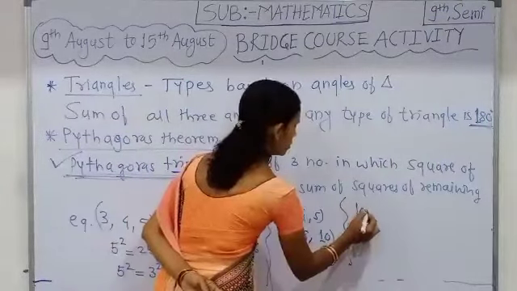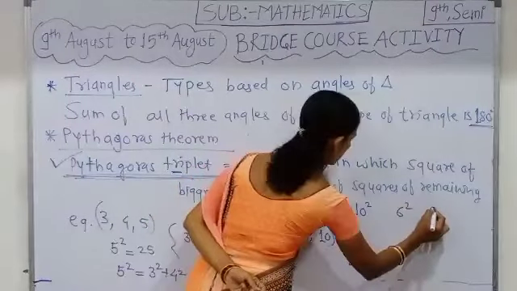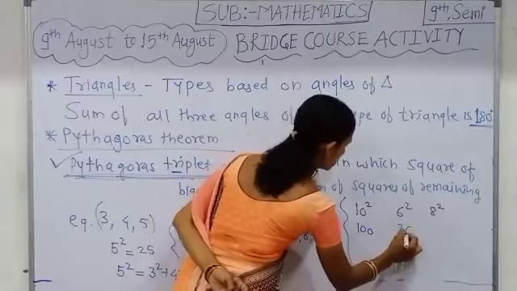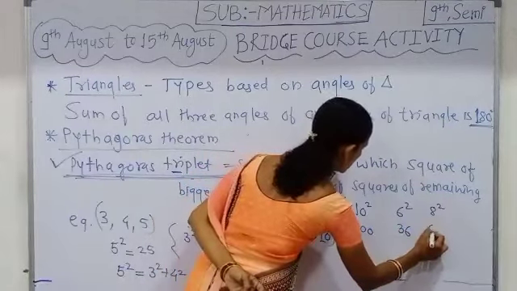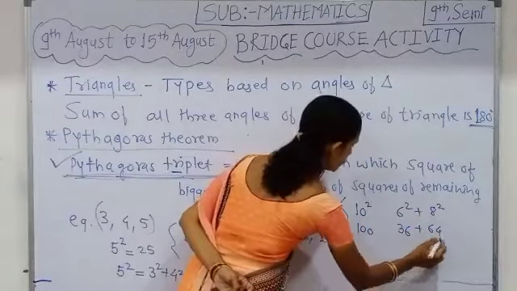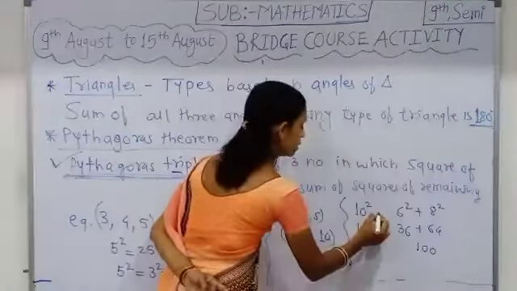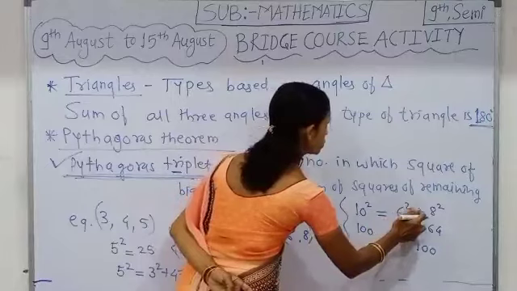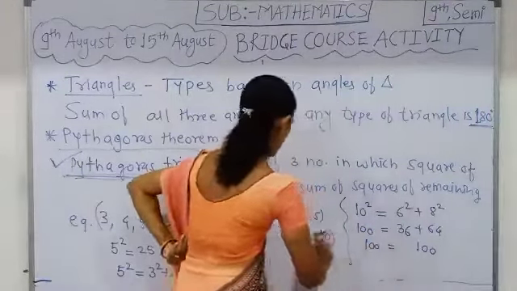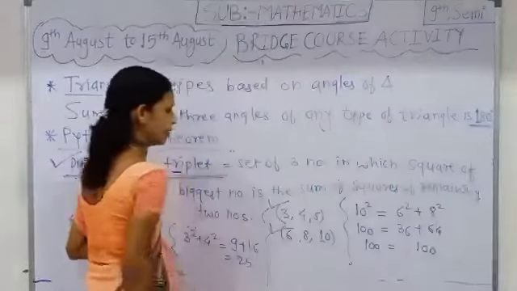Solving this, 10 square, 6 square and 8 square. 10 square is 100, 6 square is 36, and 8 square is 64. Here 6 square plus 8 square, we get 36 plus 64 is 100. That means 10 square is equal to 6 square plus 8 square. That means the set of 6, 8 and 10 is also a Pythagorean triplet.